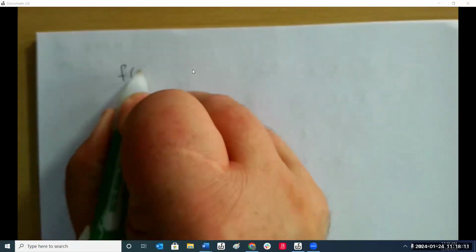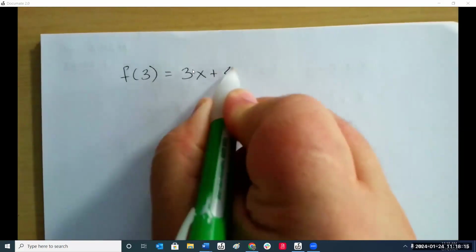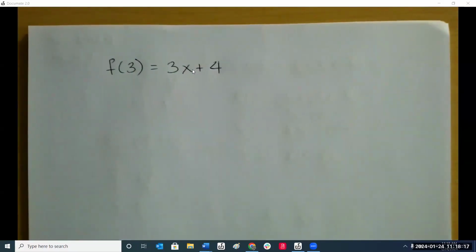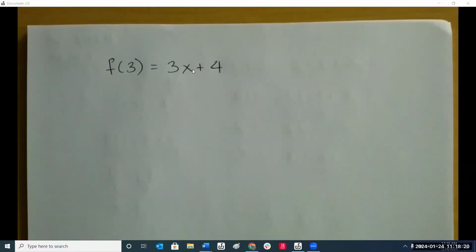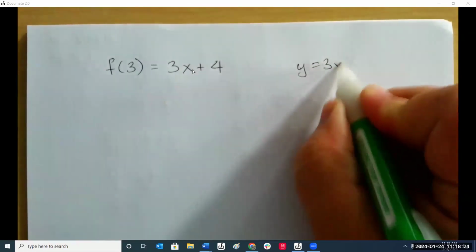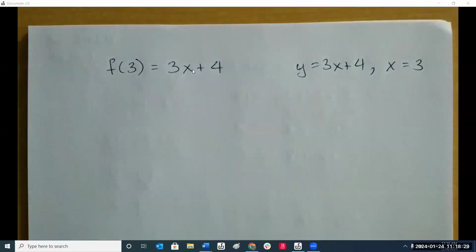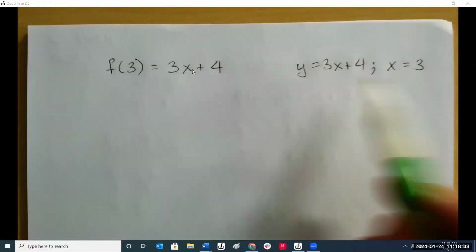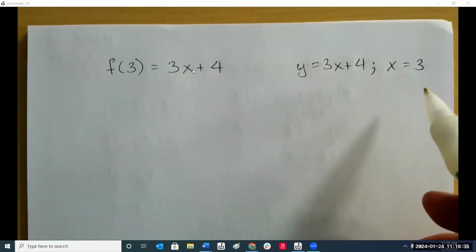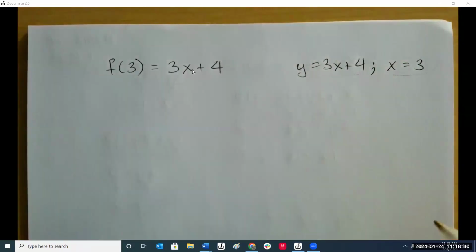Another benefit of using functions as opposed to using the y's or z's or m's, whatever the letters, is I define my variable when I write the equation. For example, if I said this as opposed to this, this way requires a lot of extra writing. I have the equation, I got to define the variable.